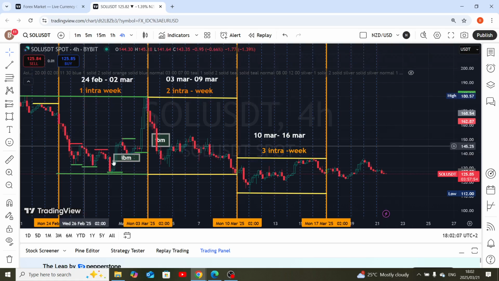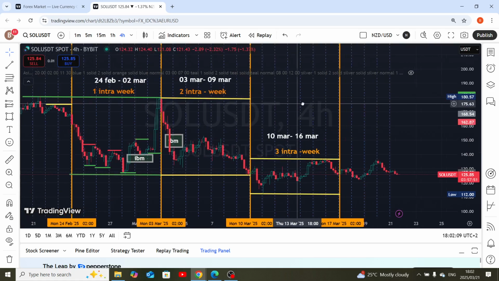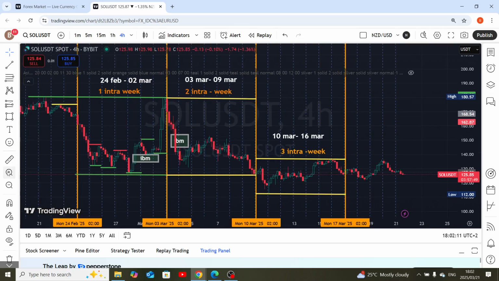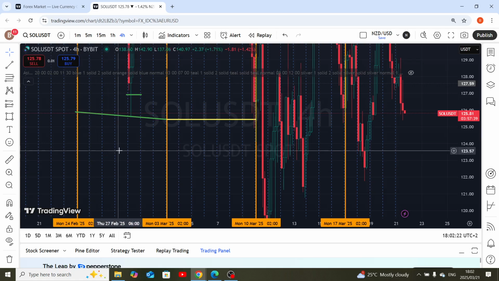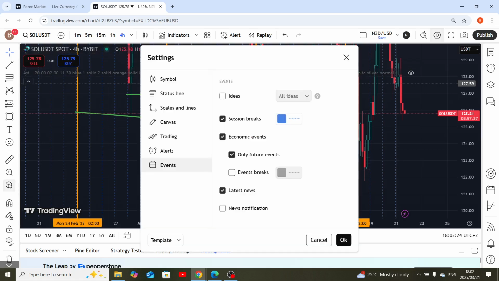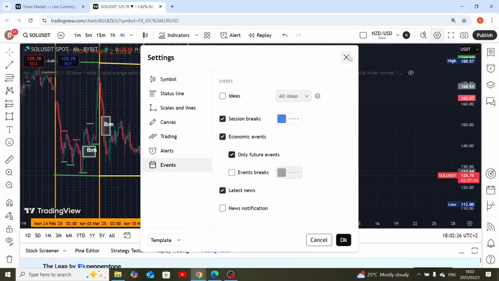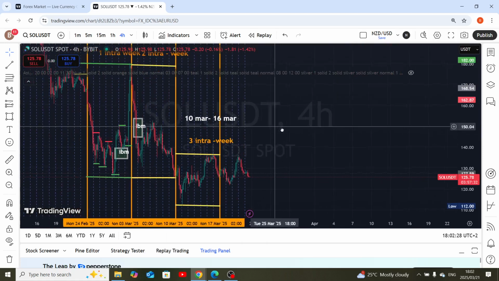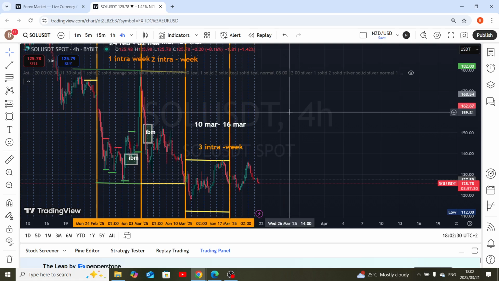So by looking at this, what I'm going to do is zoom in a little bit so that we can have a bit of clarity. Okay, it's good.